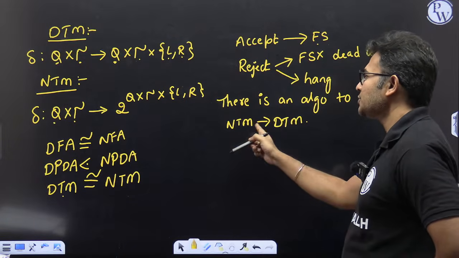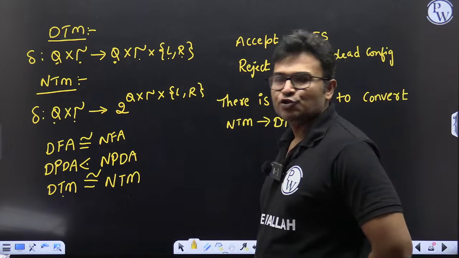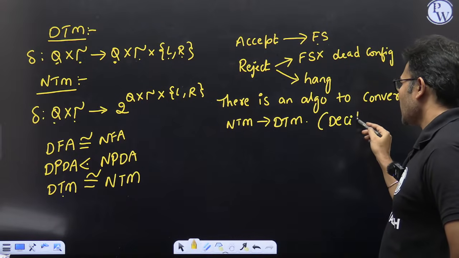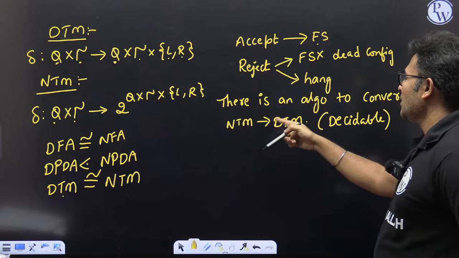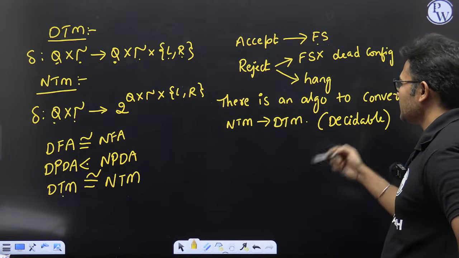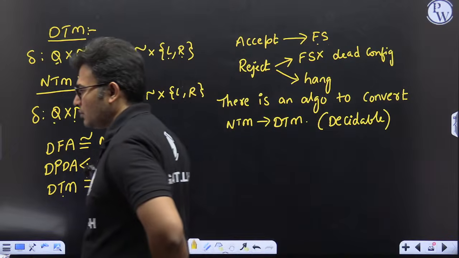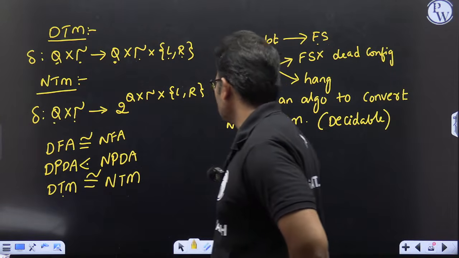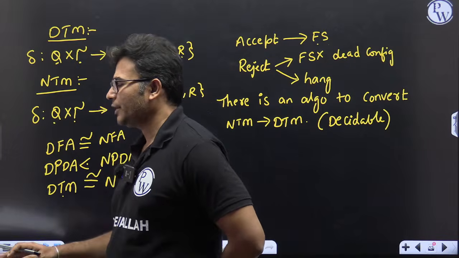Therefore, non-deterministic Turing machine is not more powerful than deterministic Turing machine. So what can you say? This problem is decidable. Whenever there is an algorithm, the problem is decidable. Converting a non-deterministic Turing machine to a deterministic Turing machine is a decidable problem.